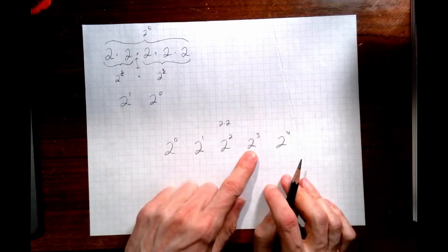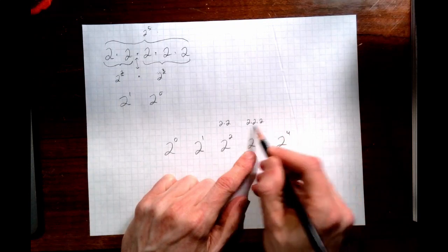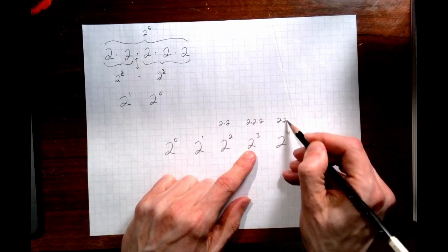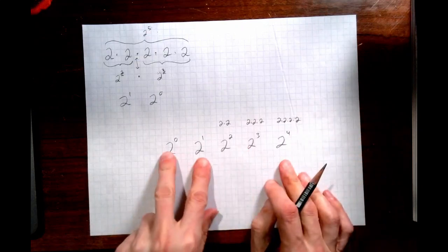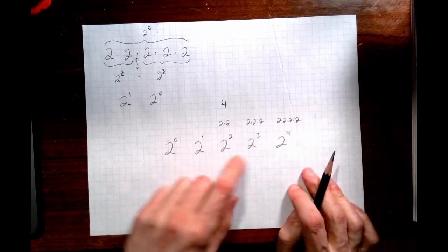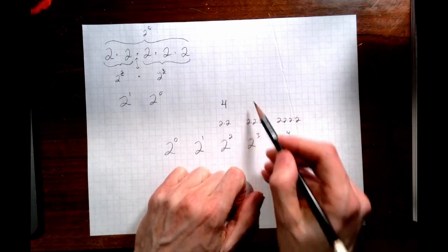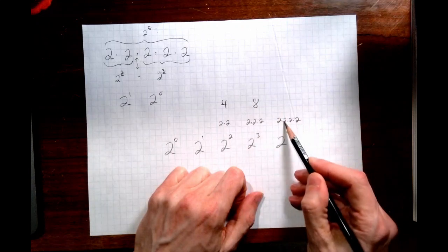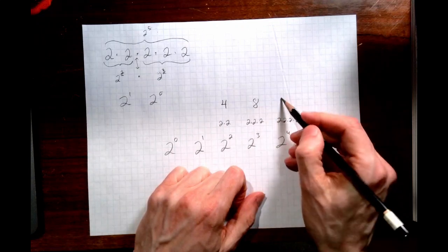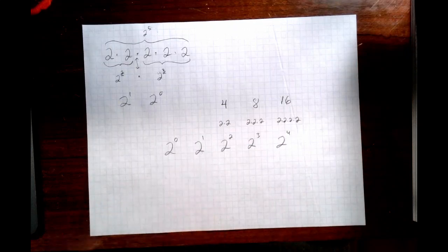Let's write them out first. 2 to the 3rd, 2 times 2 times 2, 3 2's. 2 to the 4th, 4 2's. We'll leave these for now. So what is 2 times 2? Well, that's 4. What's 2 times 2 times 2? 2 times 2 is 4, times 2 is 8. 2 times 2 is 4, times 2 is 8, times 2 is 16. Alright, we know all this. Now we're going to use it to figure these out.